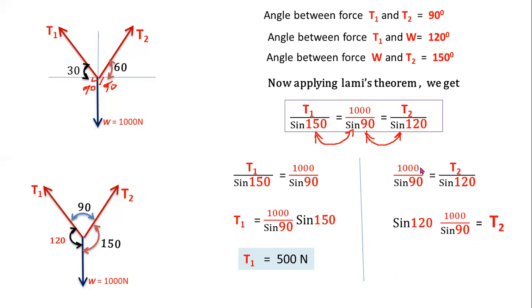By applying cross multiplication, the value of T2 equal to sin 120 into 1000 by sin 90. From this equation, the tension in the string T2 equal to 866 newtons. This is the final answer for this problem. Very simple answer.